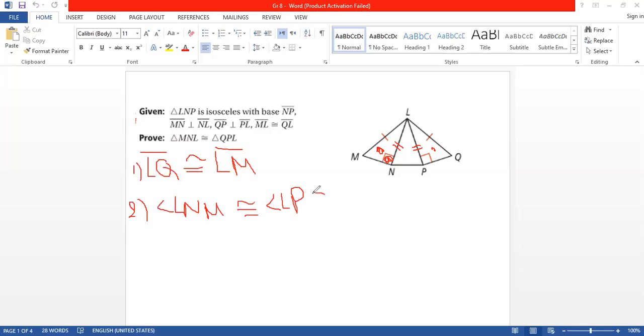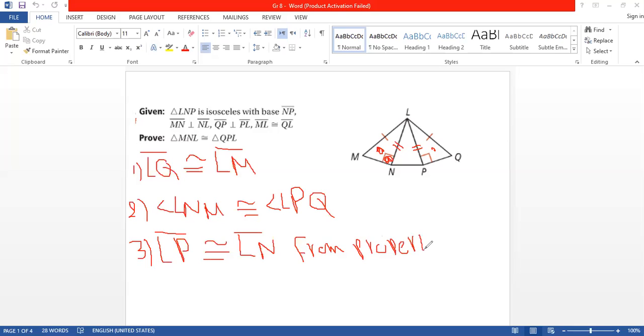What about the last condition? The last condition is LB is congruent to LN from the properties of an isosceles triangle.